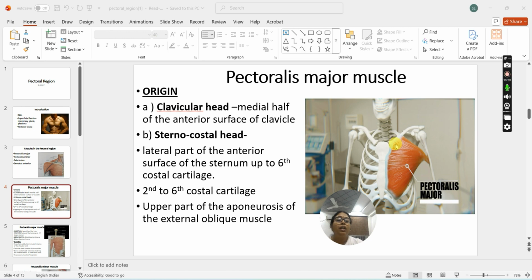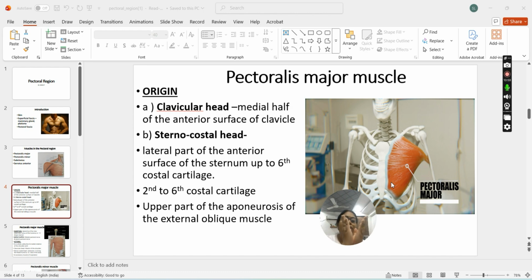So the sternocostal head and the aponeurotic origin of the pectoralis major lie in one layer. On top of it, we have the head arising from the clavicle. The clavicular head makes the anterior lamina. Underneath, you have the sternocostal head, which makes a posterior lamina. Two laminae, an anterior layer and a posterior layer.